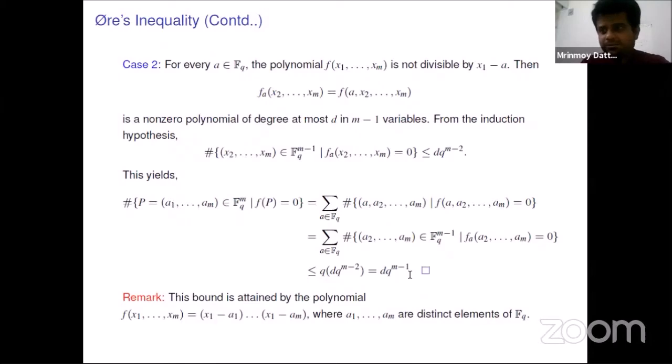So this is actually the true maximum. So the maximum number of possible zeros of a non-zero polynomial of degree d is equal to d times q to the power n minus 1.